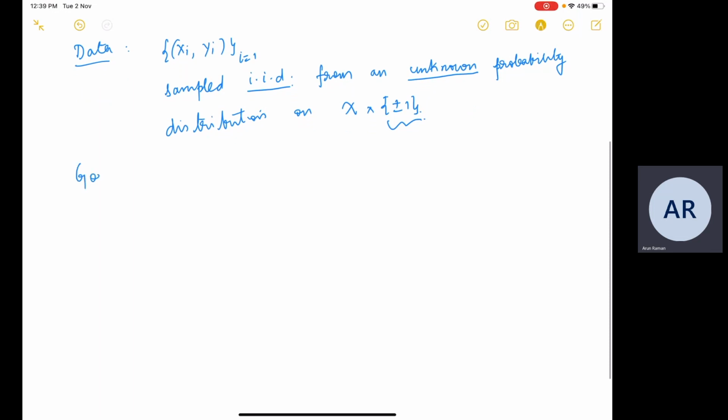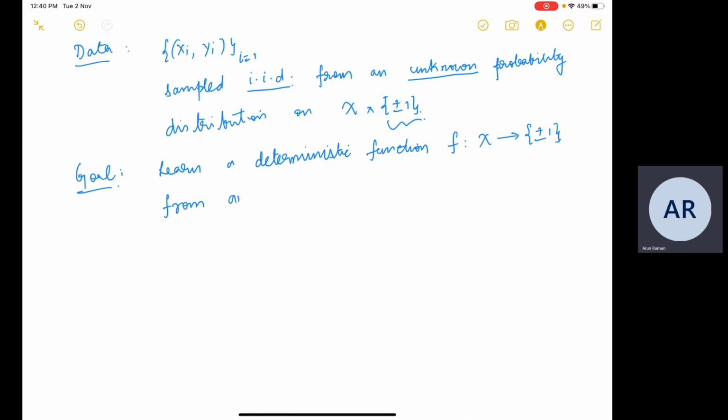Now, our goal is to learn a deterministic function that takes inputs from the input space and gives the output plus minus 1, and we have to do that from amongst a class of functions, script F. Okay.